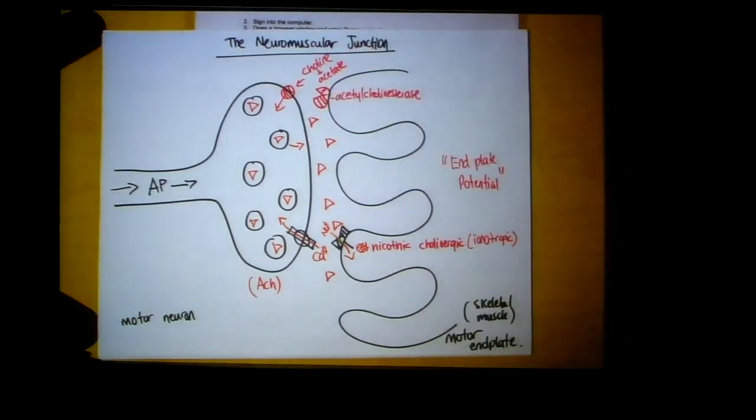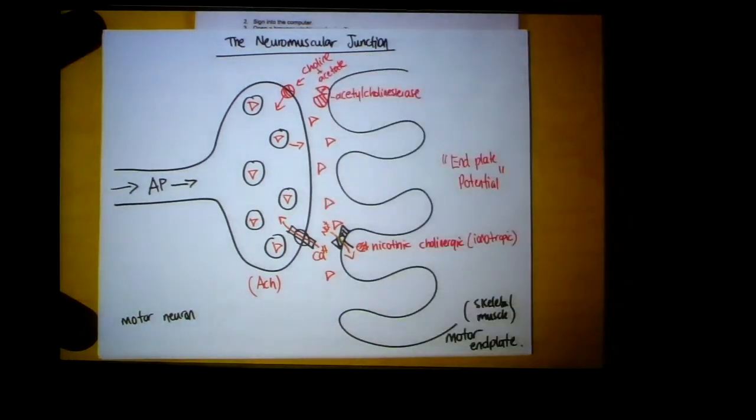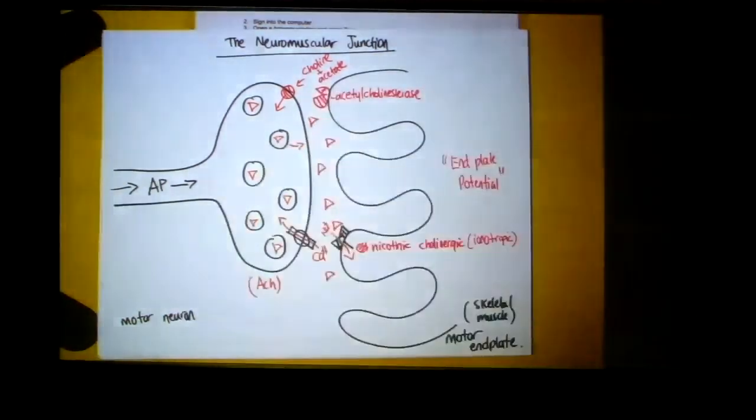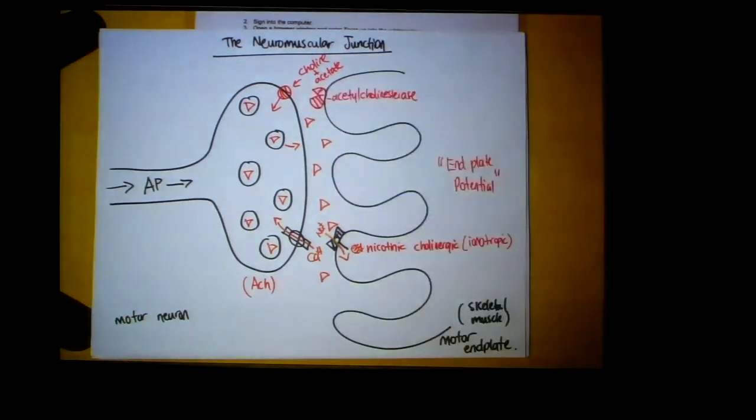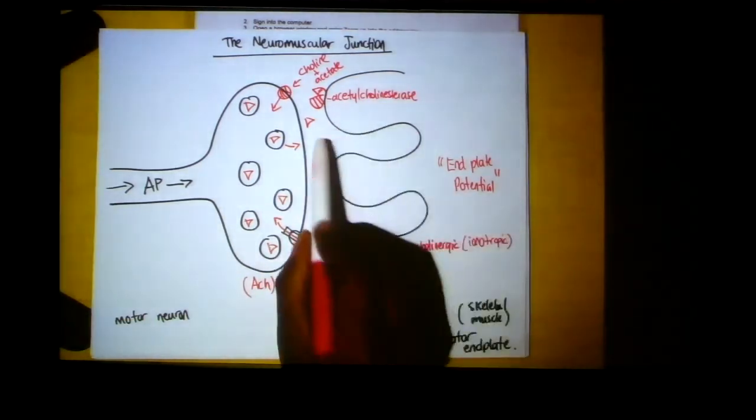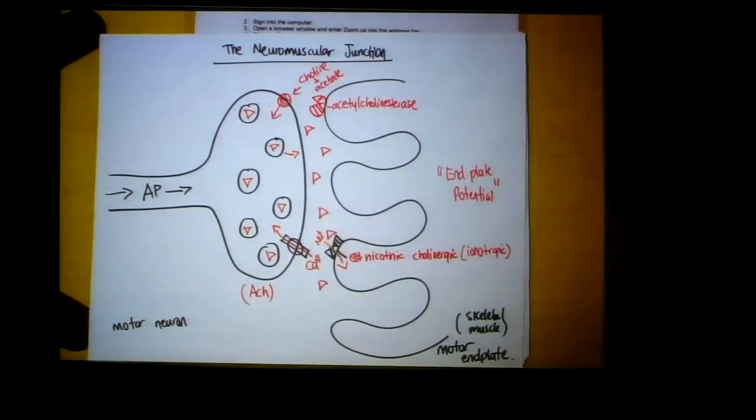Right? Now, in the case of skeletal muscle, it's very, very important for us to clear the neuromuscular junction, to clear this neurotransmitter away. If we don't clear this neurotransmitter away, this muscle will contract indefinitely. Do you know what the physical symptom of muscle that's contracting indefinitely is? Spasm, right? Muscle spasm. So if we don't clear this neuromuscular junction, we end up with muscular spasms, okay? So this becomes very, very important to clear the junction.